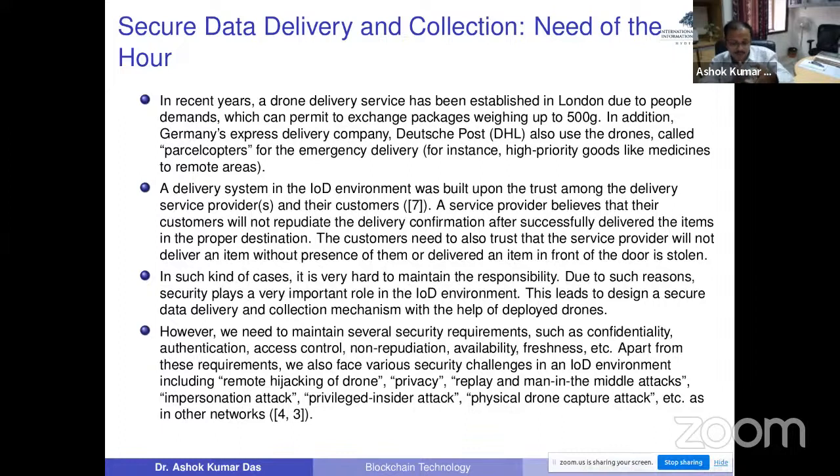Once the items are delivered, the drone will send a confirmation message to the service provider, so the service provider will be confirmed that the items have been delivered successfully by the drones.